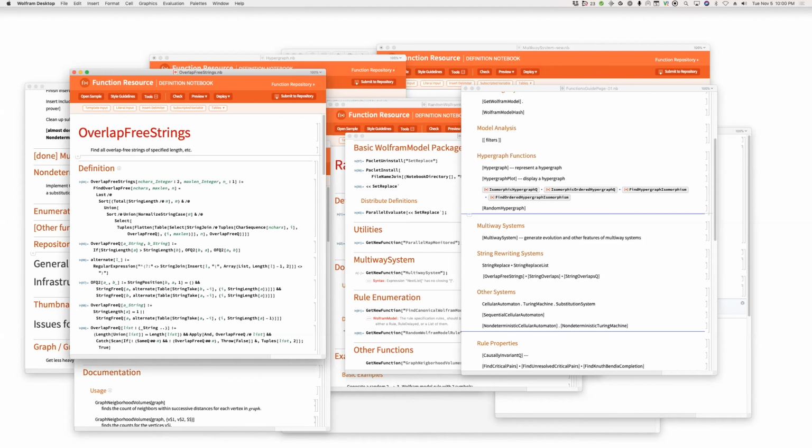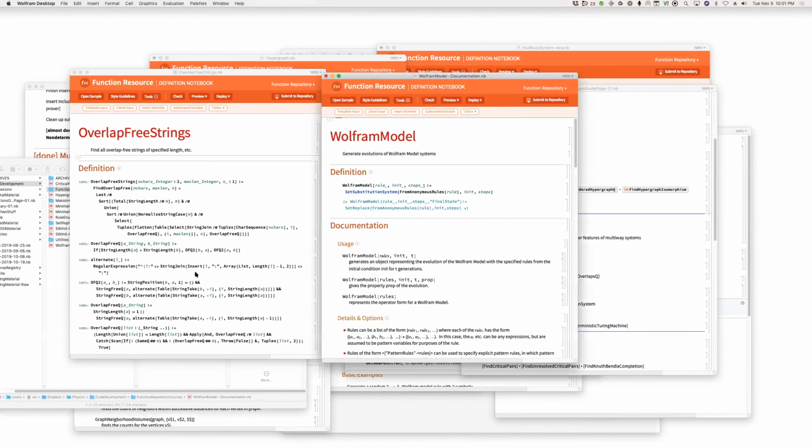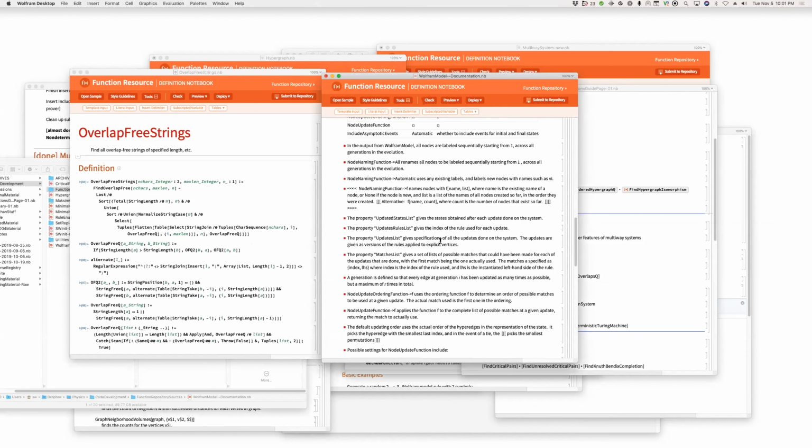Okay, so here we've got Wolfram model documentation. Okay, all right. So this is not bad.